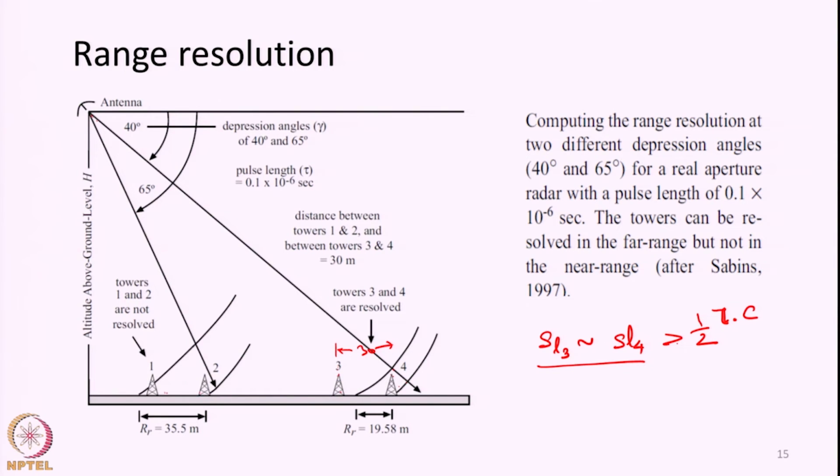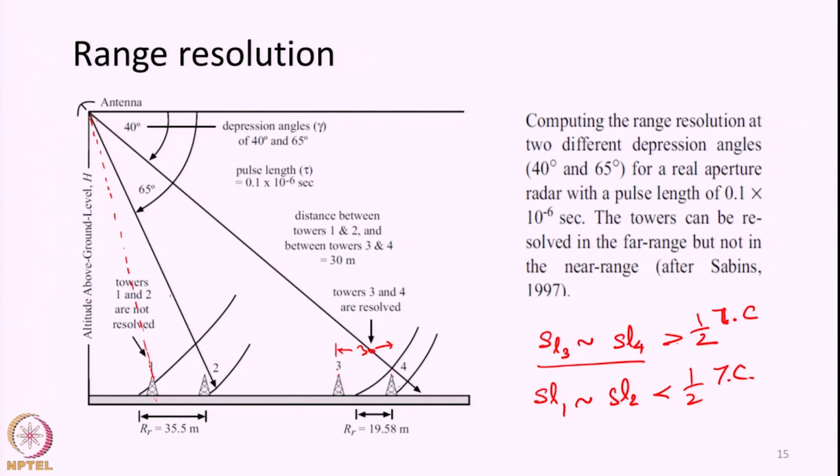On the other hand, if the slant range distance between two towers, for example tower 1 and 2, is less than half of the pulse length, then what will happen is the pulse that is transmitted by this radar antenna will first reach tower 1 and begin to be reflected back. So, the 300 meter pulse has to be completely reflected back by this object, and that will take some time.